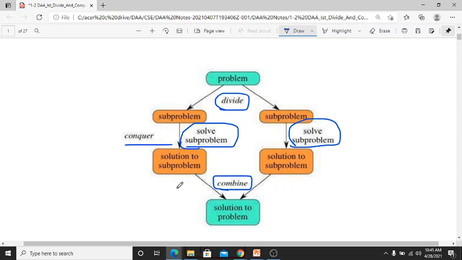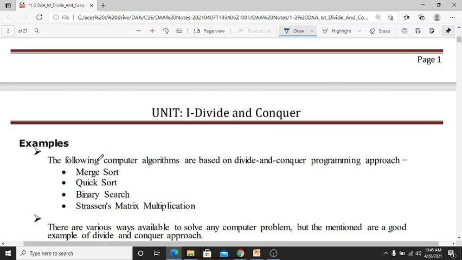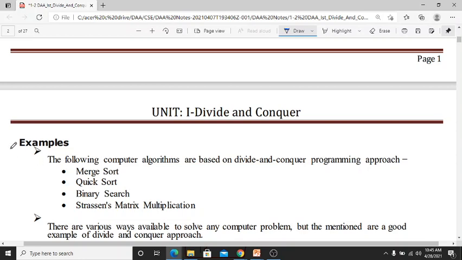Now we will see examples of divide and conquer. The following computer algorithms are based on the divide and conquer programming approach: merge sort, quick sort, selection sort, binary search, and Strassen's matrix multiplication. These are all examples of divide and conquer.